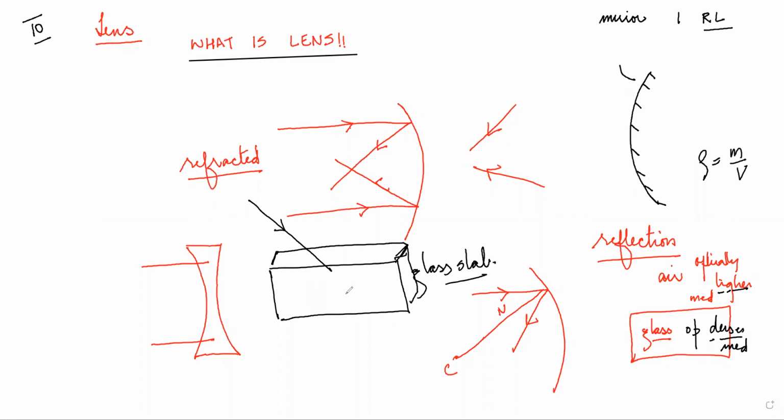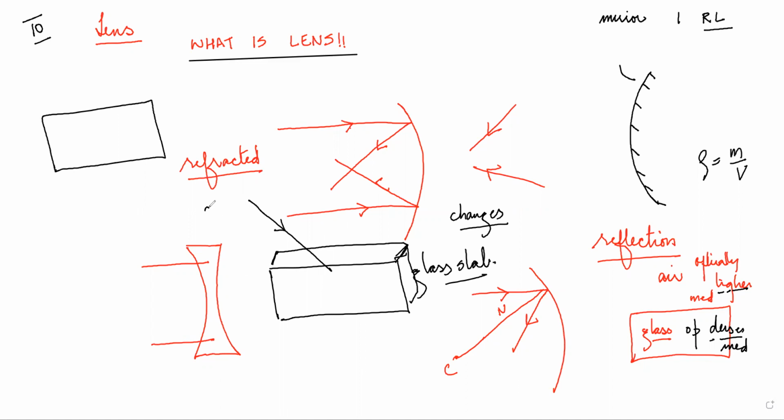In the glass slab, it gets diverted. The direction changes. Well, you'll take some time to understand why it happens. Not so easy to understand. From one medium to another, if light passes, it changes its direction, and the velocity also changes.